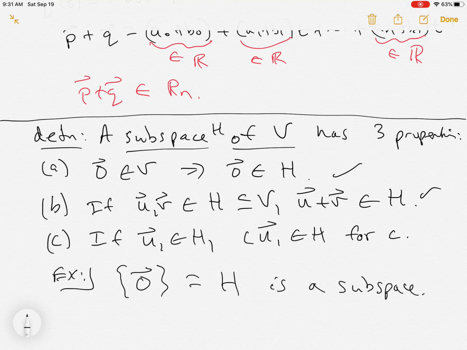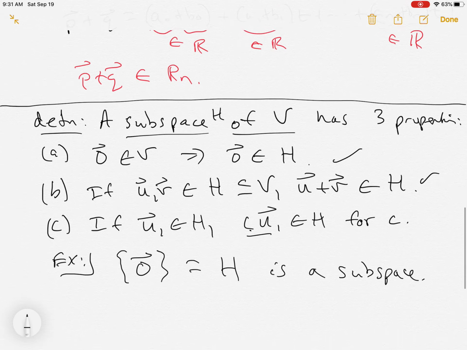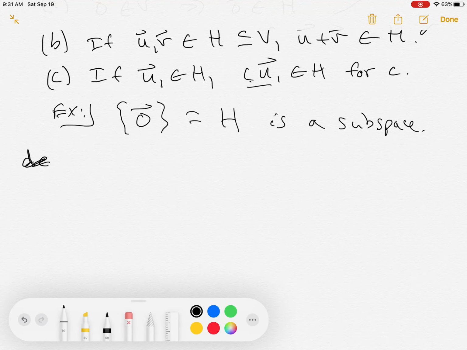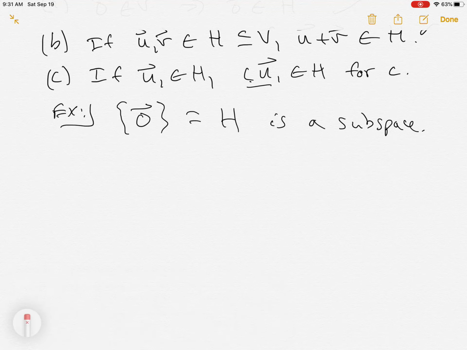That's in there. And C times 0 equals 0, which is in H for all C, so it's in there. So you've shown all three for that one. Okay, let's do another example.